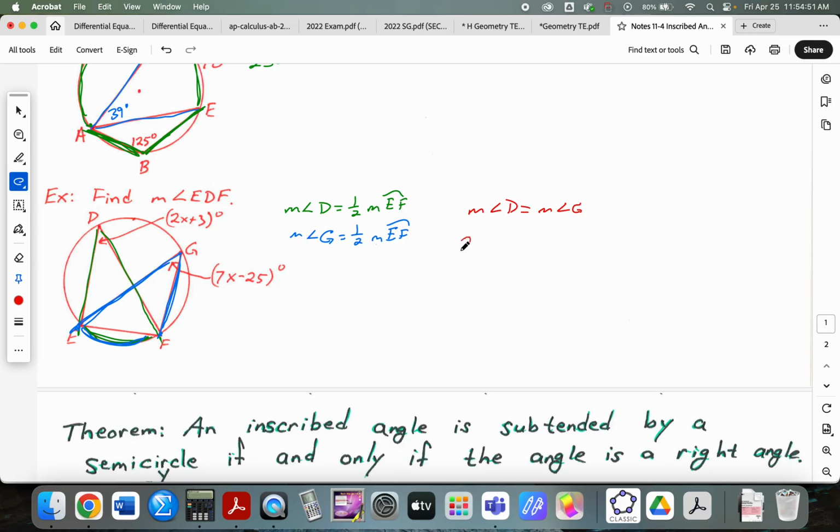So that's just 2x plus 3 is equal to 7x minus 25. Subtract the 2x and we get 5x. Add the 25 and we get 28. Divide and we get that x is 5.6.